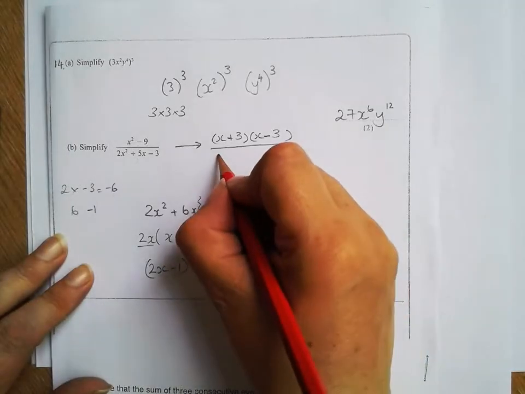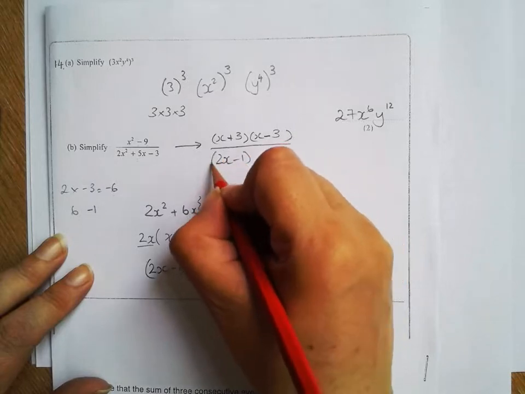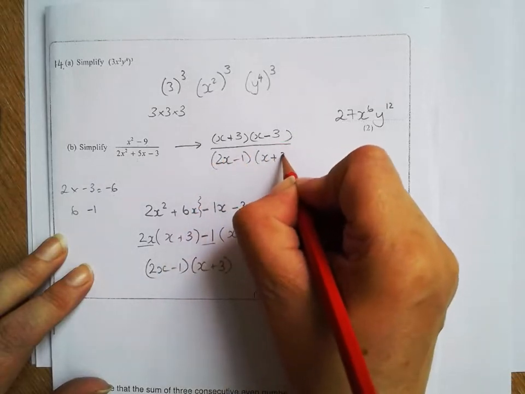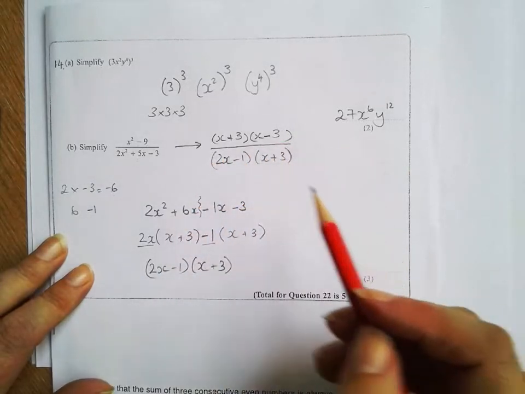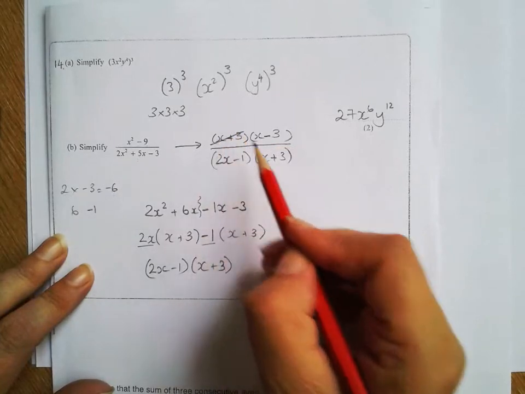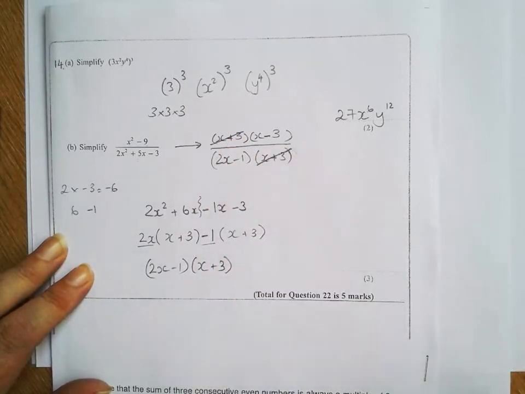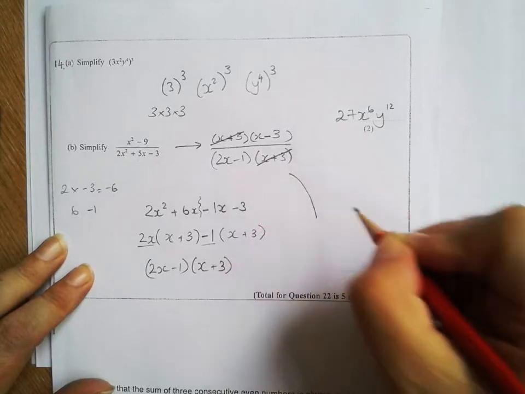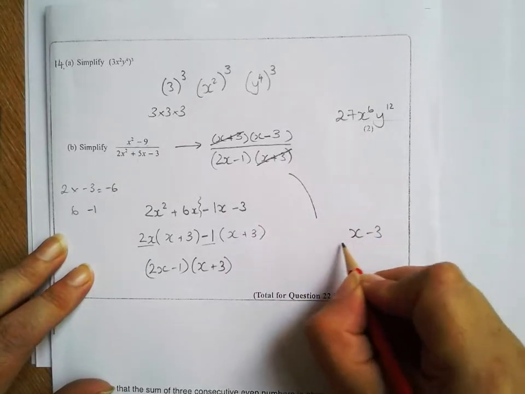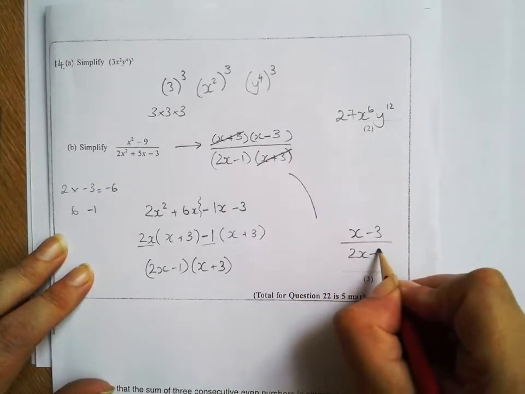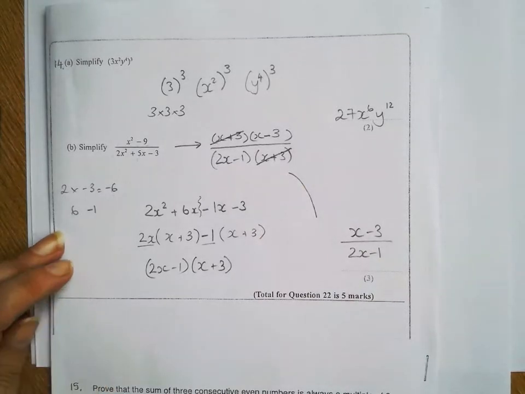Now when I put that back into the fraction, you should be able to see that there's an x plus 3 multiplying on the top and 1 on the bottom, so I can cancel those out, and then the simplified answer of x minus 3 over 2x minus 1 goes there.